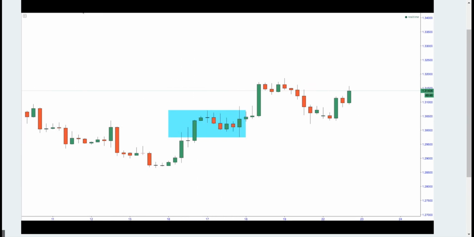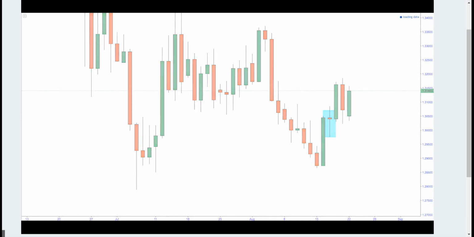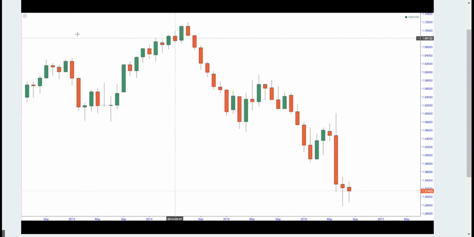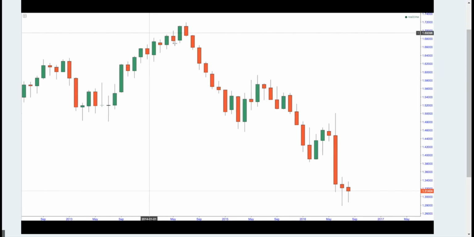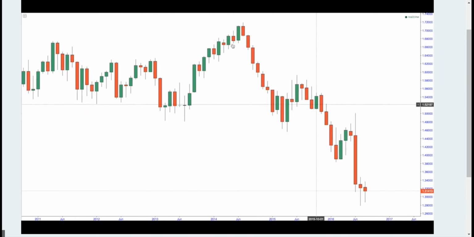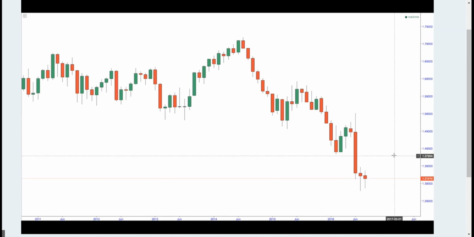All right, so this is why we kind of want to keep all of our analysis and so on at the higher time frame level, because we can get the most clarity from doing so. Many traders often fail because they're too focused on 30-minute time frames, 15-minute time frames, which isn't a bad thing as long as we take into consideration the overall trend. Companies, corporations, the banks, the central banks are going to be driving a price.